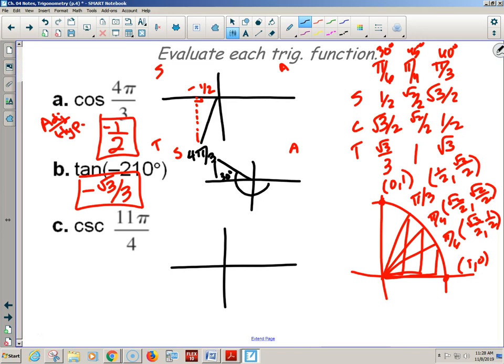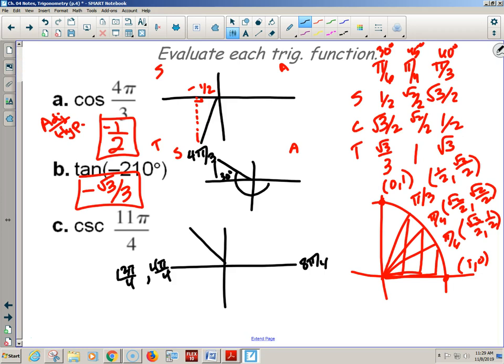But wait, isn't this 7 pi over 4? Because it's a little bit less than 8 pi over 4, but more than 4. Wait a minute. It's beyond this. I have 1, 2, 3 calzones, but I'm shy 1. So I went 4, I went 8, I went 12, just kidding, 11.